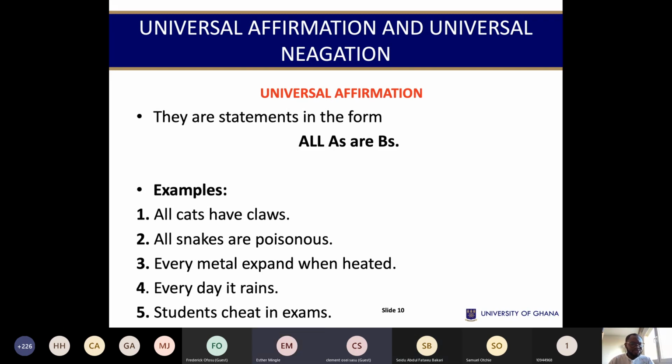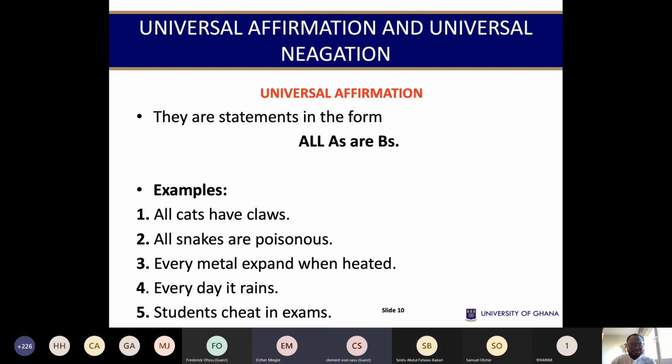In this case, you do not see all, but you see every day. So we use every to also indicate universal affirmation. Every metal expands when heated. It means that anytime you see something that is a metal, and we heat it, it is supposed to expand.